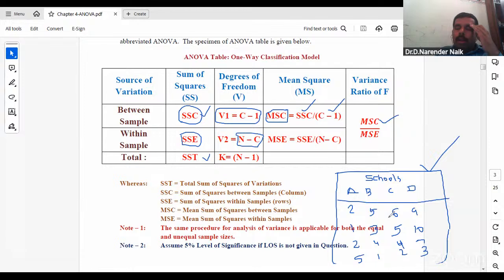If LOS is not given, we have to assume 5% LOS only. If 1% is given, we have to follow 1%. If nothing is mentioned, we have to follow 5% only. This is about the ANOVA one-way classification model table.